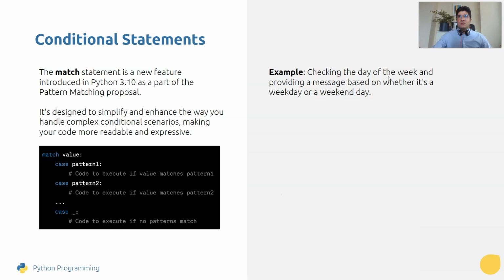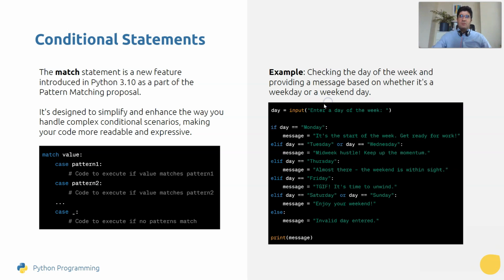If you want to check the day of the week and provide a message based on whether it's a weekday or weekend day, and you want to write a program to print this message, we can use if else, which I think is the easy way to do that.